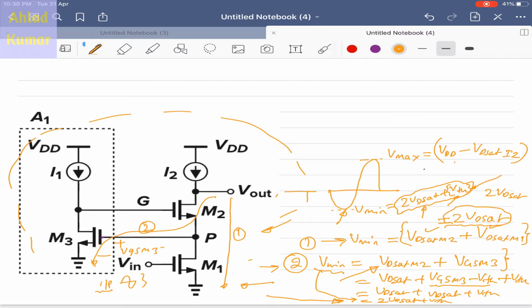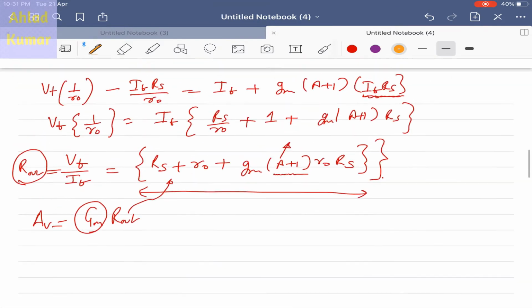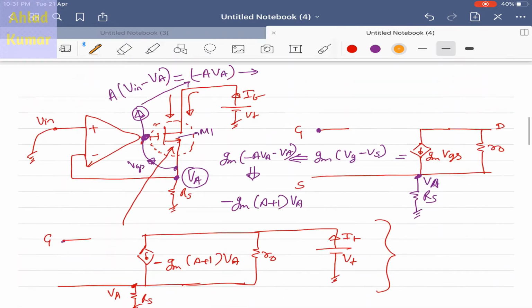And second, what is the gain of this particular amplifier? The gain of this amplifier can be easily calculated by putting the value of A, which is the gain of this common source amplifier M3, into this expression which I have already written over here.